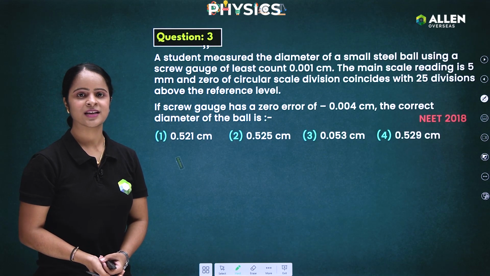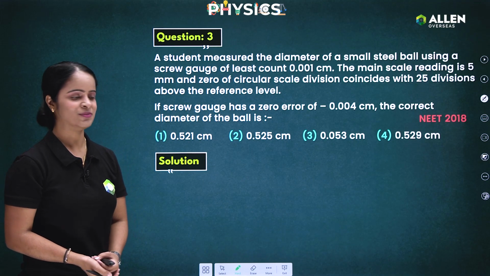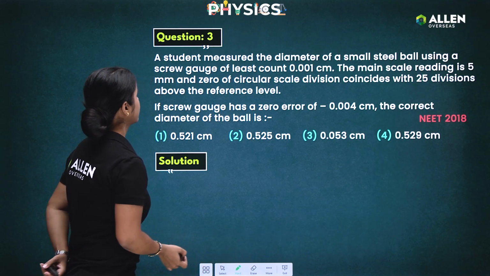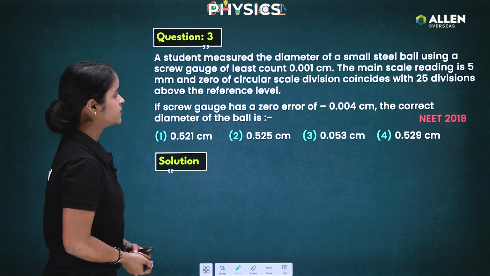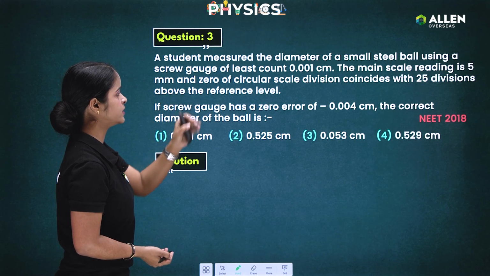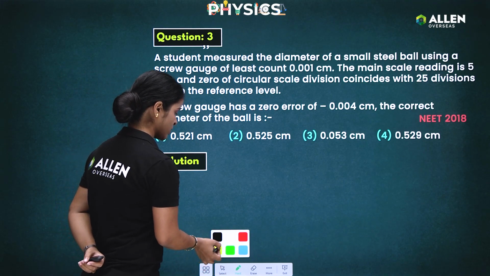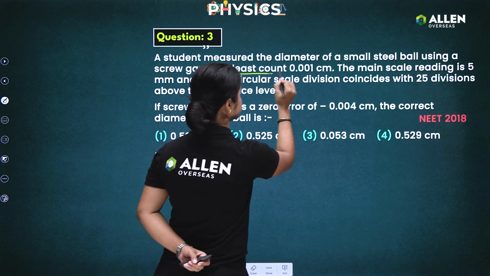Here in this slide, again we are going to solve a direct question from NEET 2018. Let's see what is written here. A student measured the diameter of a small steel ball using a screw gauge of least count 0.001 cm. I'm just going to underline it also. Least count is this one.